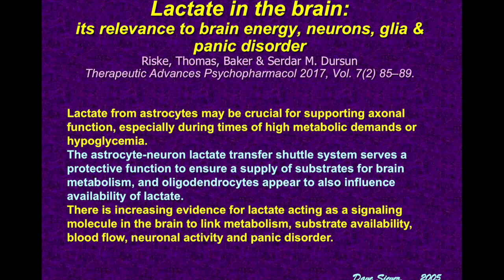And remember, oligodendrocytes are paramount. They're the cells that myelinate the nerves. There is increasing evidence for lactate acting as a signaling molecule in the brain to link metabolism, substrate availability, blood flow, neuronal activity, and for treating panic disorder.